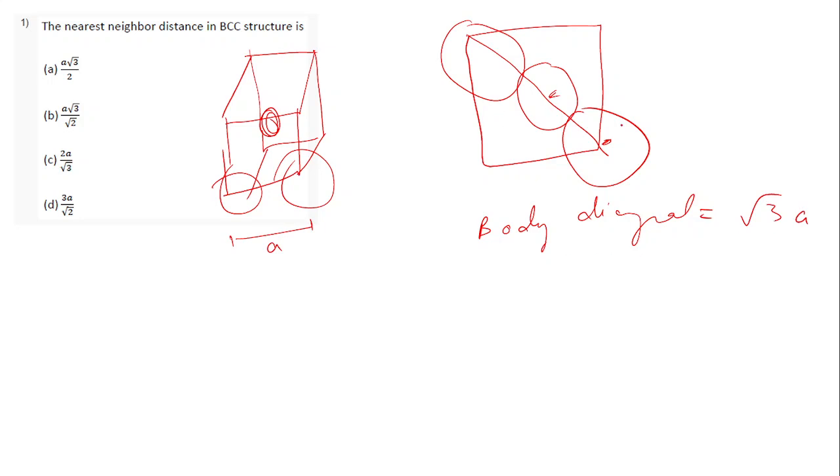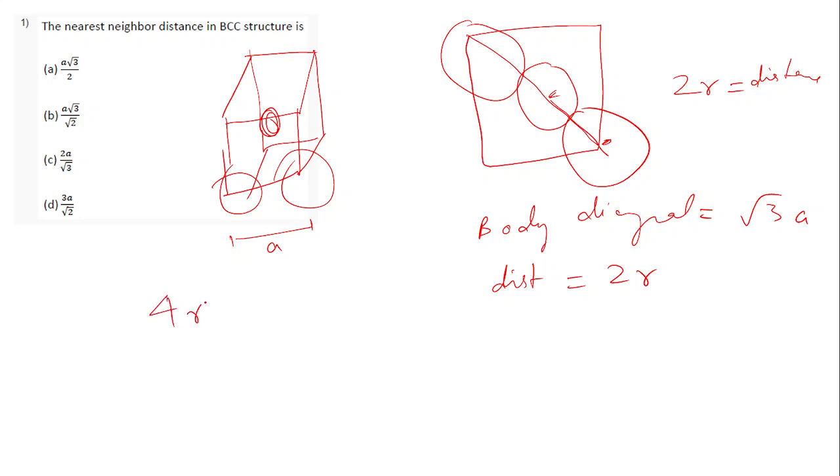Then these two atoms, what is the distance between them? As you can see, the radius of this atom and the radius of this atom. That means 2r is equal to the distance between these two atoms. So the distance between these two atoms is 2r, but our answer is in terms of A. So what is the relation between A and r? For BCC we know 1r, 2r, 3r, 4r.